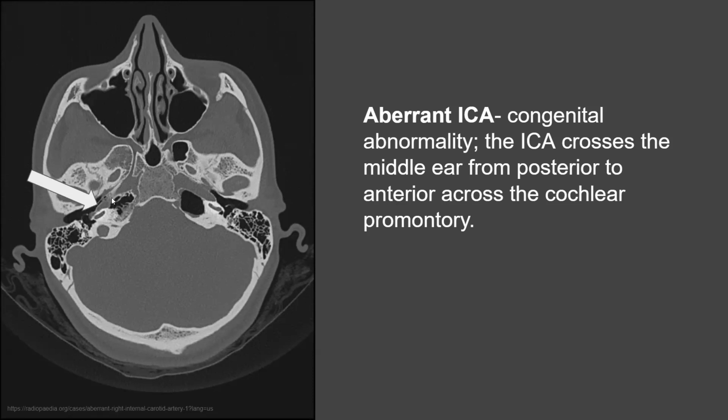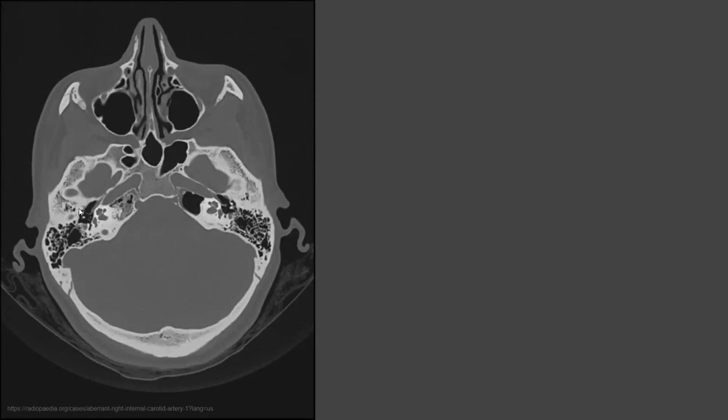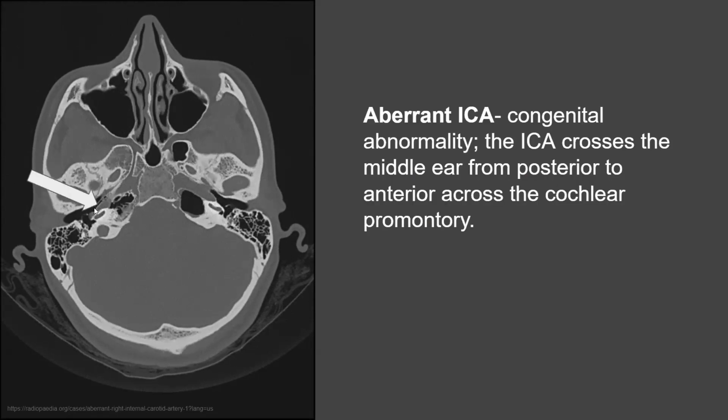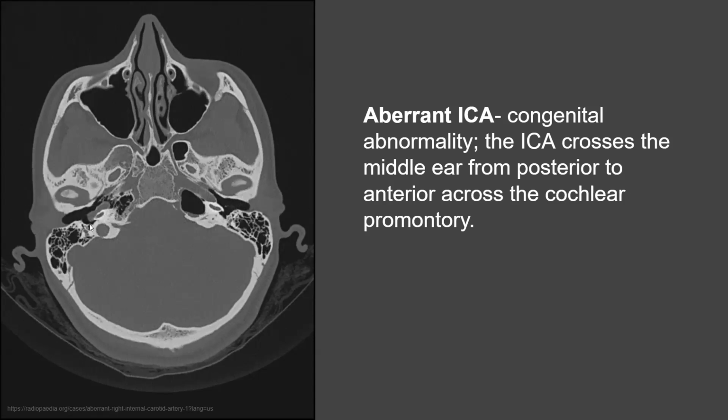The cochlear promontory is the bone overlying the cochlea. This whole area is called the otic capsule, but the cochlear promontory is specifically the bone overlying the cochlea. So when you hear the word cochlear promontory, think bone overlying cochlea. The ICA should not pass over this bone. When it does, that's when we start getting concerned about an aberrant ICA.